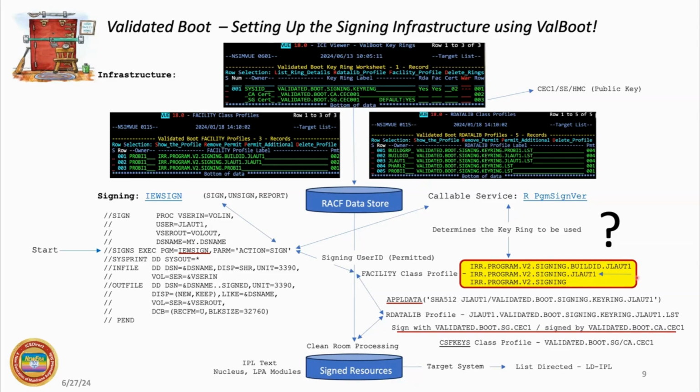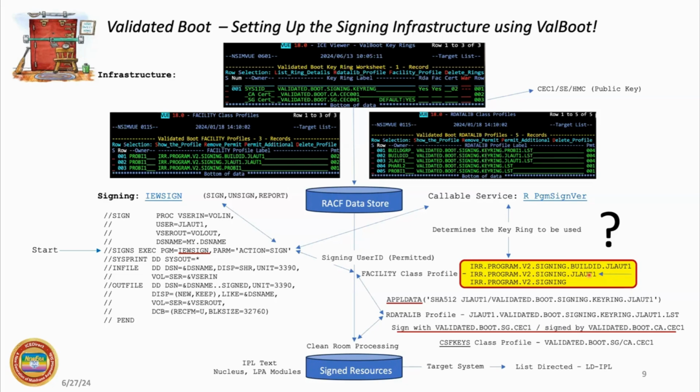If we do that, then it becomes clear in the RACF data store which users have which profiles and how those profiles relate to the key rings and certificates that are being used by them for their signing. We recommend that very highly.